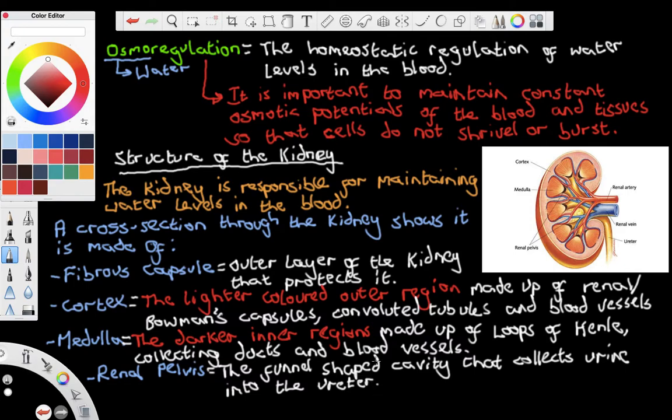And finally the ureter is the tube that carries urine to the bladder.